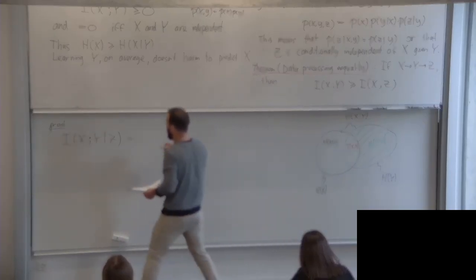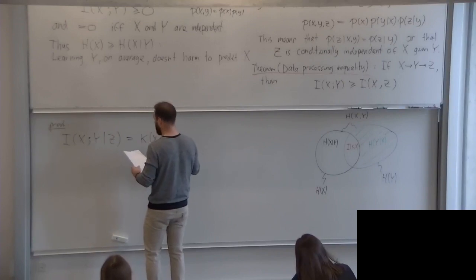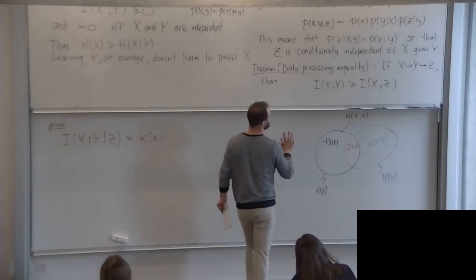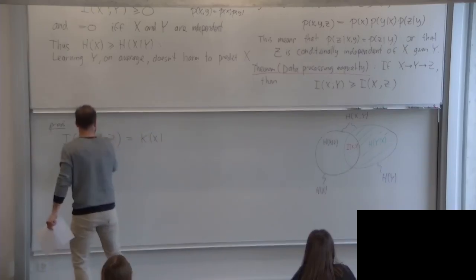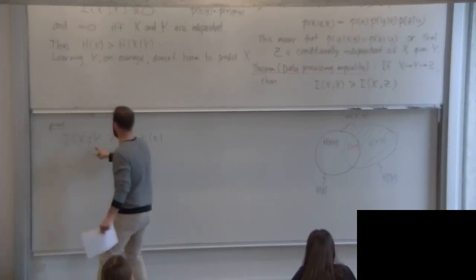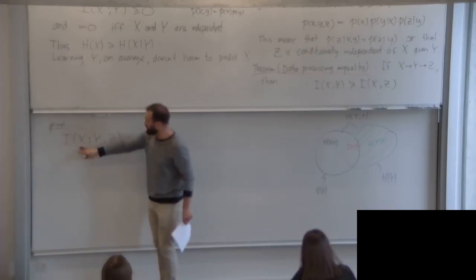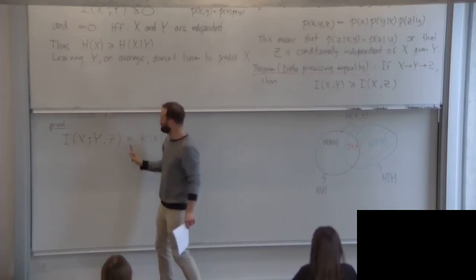No, I'm sorry, this is not what I want to write. I want to write a comma here. So I'm curious about the mutual information between x and the pair of variables yz.